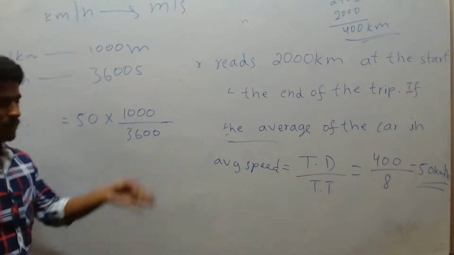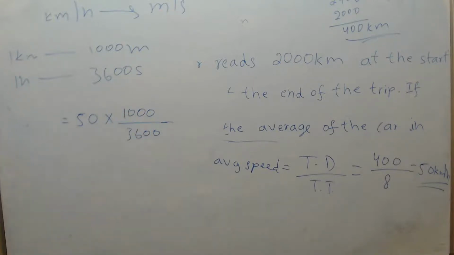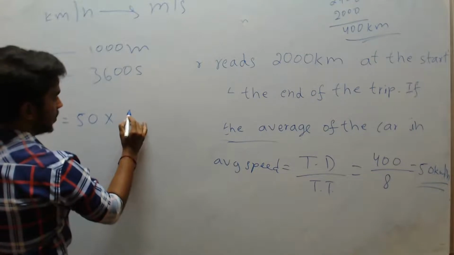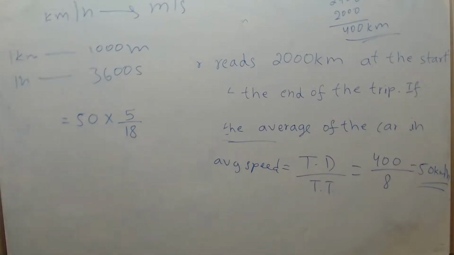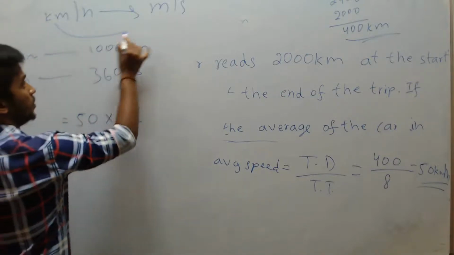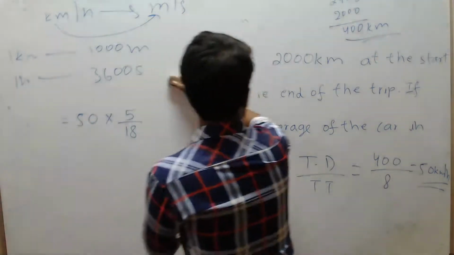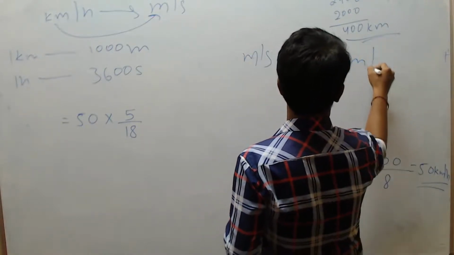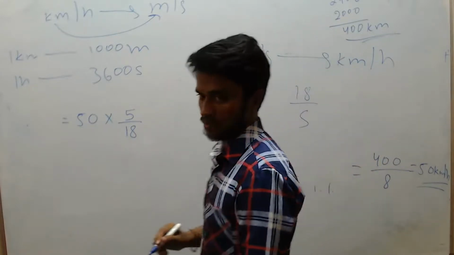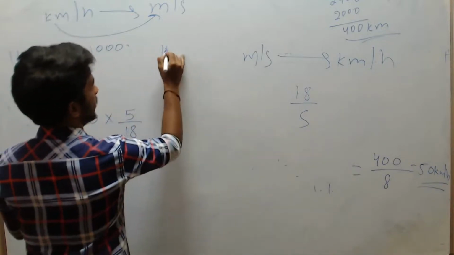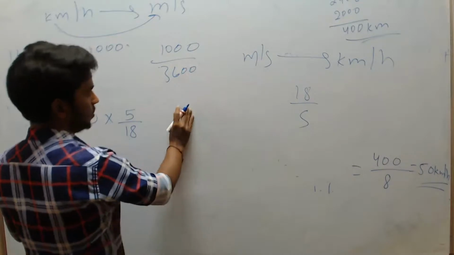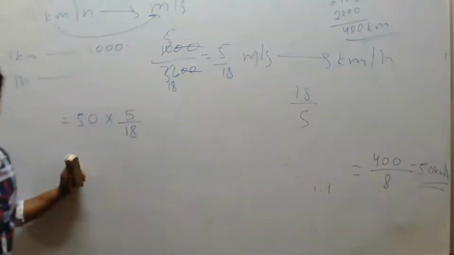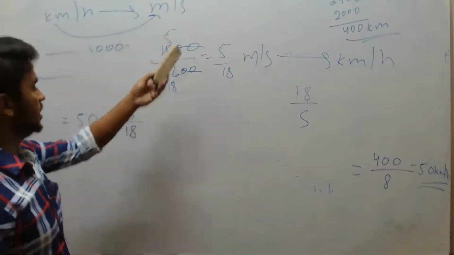Instead of writing 1000 and 3600, just remember: if you want to convert from kilometer per hour to meter per second, just multiply 5 by 18.